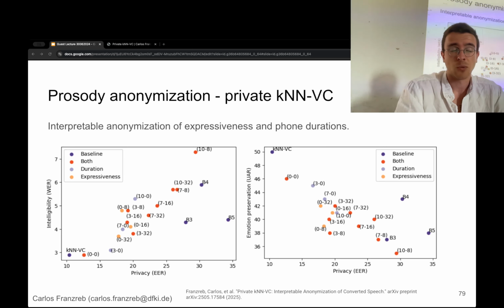So what this shows is that the evaluation is using expressiveness and is using also phone durations to identify speakers, or is able to do that, so that we need to anonymize that in our systems.